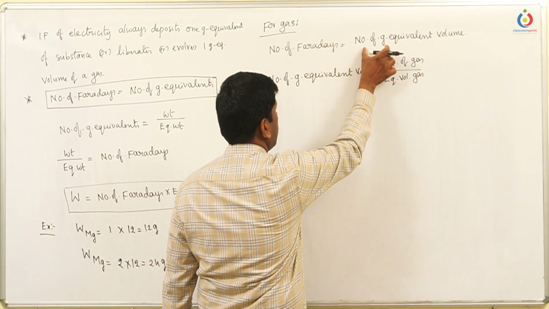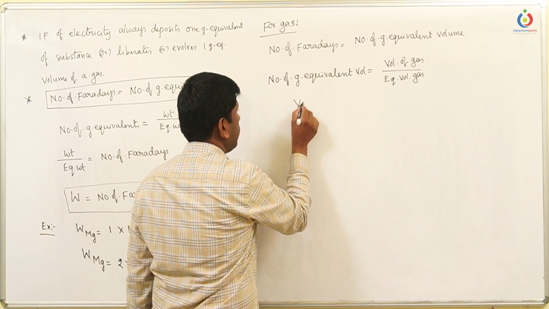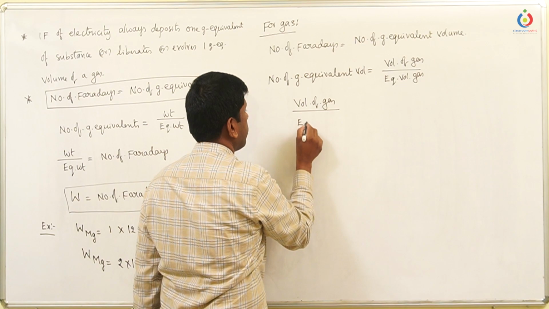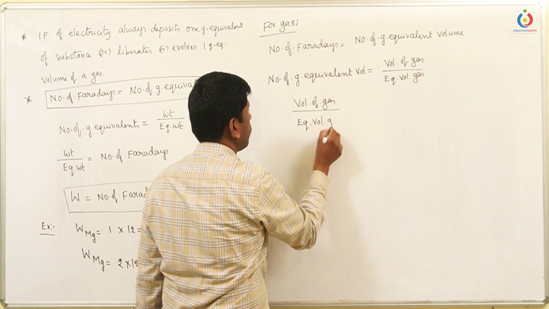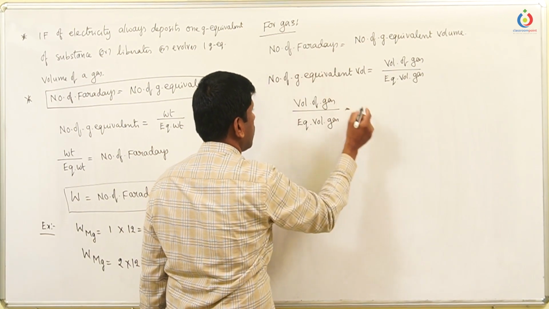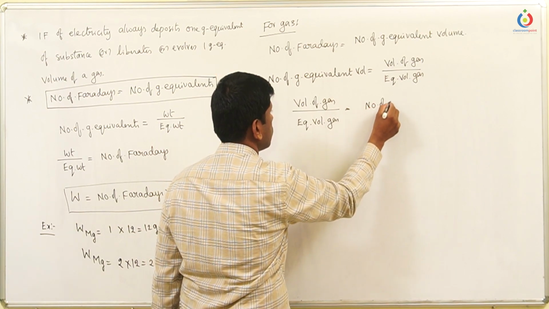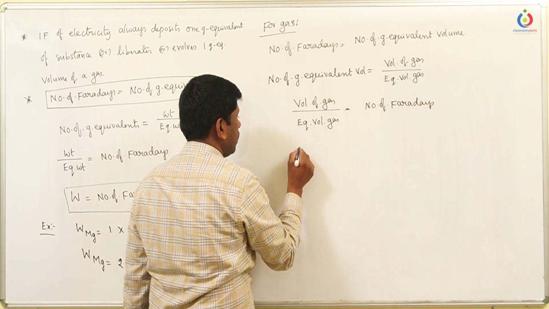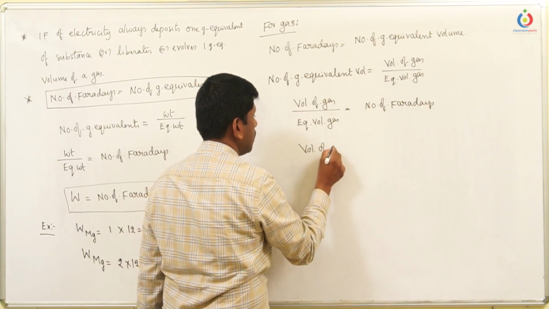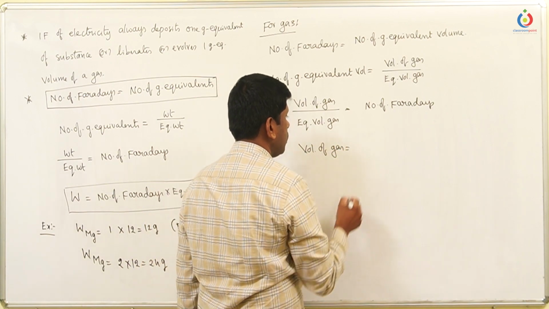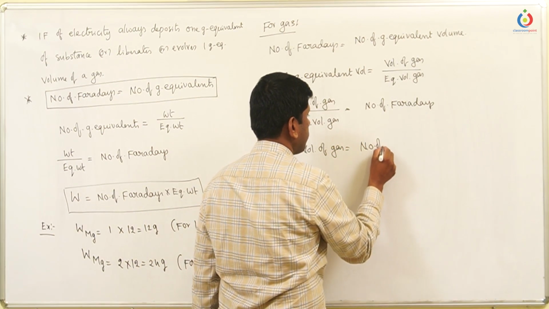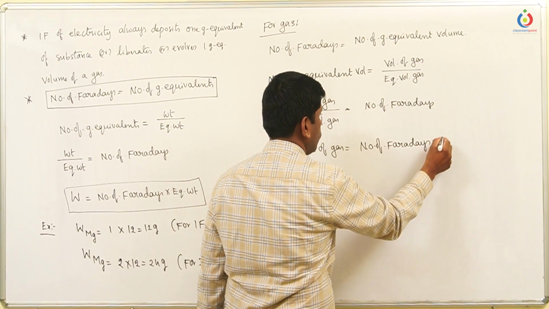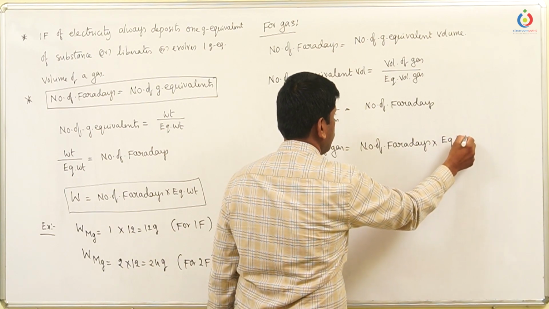By substituting this value, we get the relation: volume of gas divided by equivalent volume of gas is equal to number of Faradays. Now if you want the volume of the gas liberated, it is equal to number of Faradays into equivalent volume of gas.